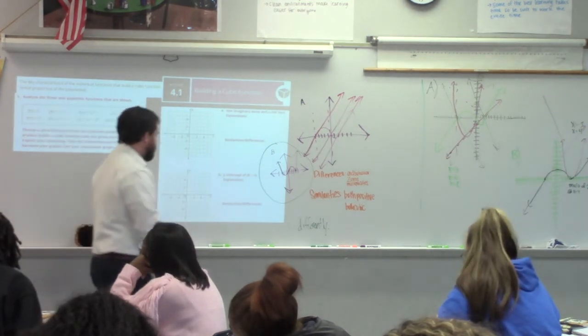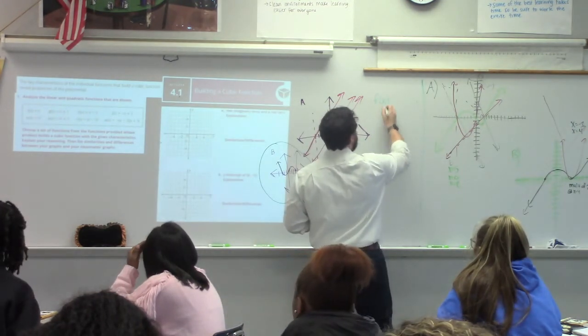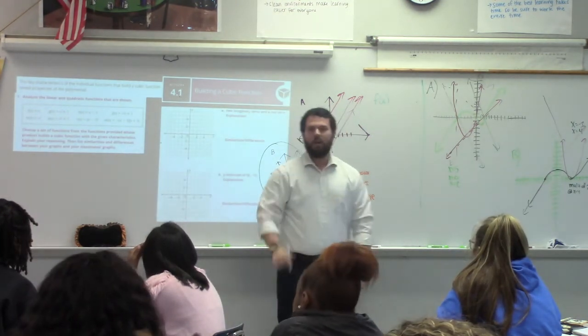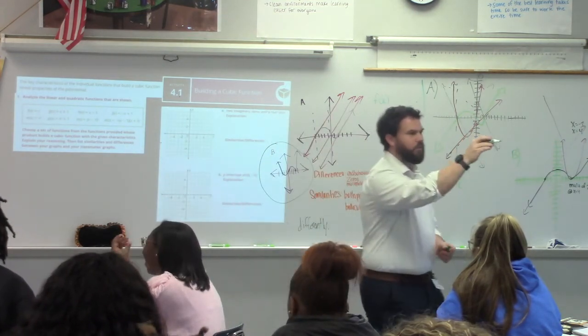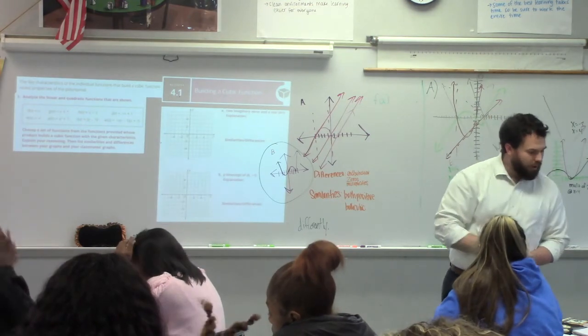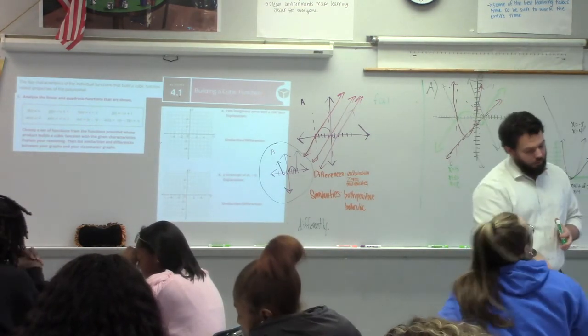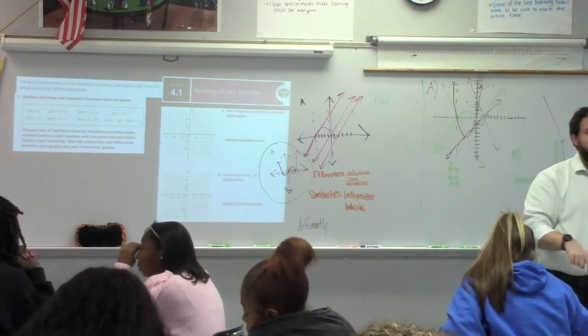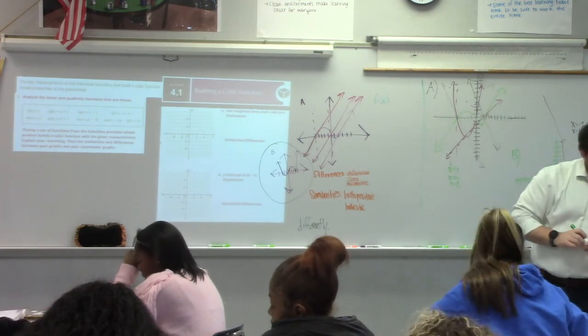Let's go to the boards. No, we don't have enough time for that. Let's do this instead. Group 7, that's where y'all are, right? I want you all to analyze f of x and m of x. Group 2, analyze g of x and p of x. Group 4, h of x and r of x.